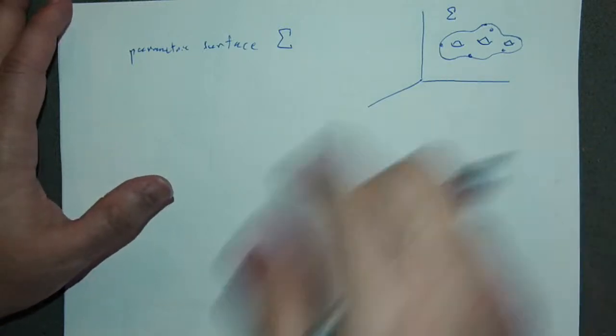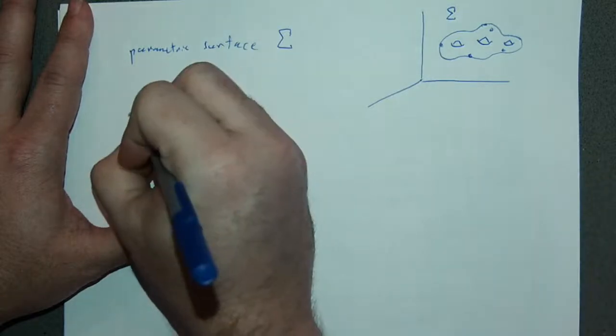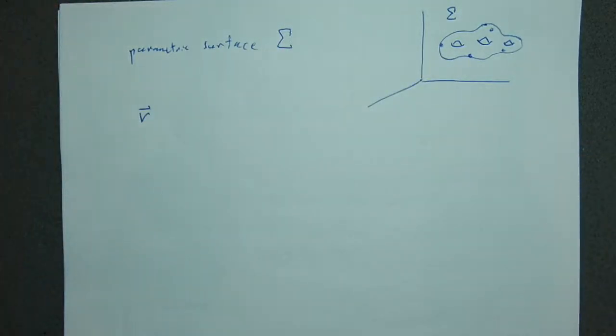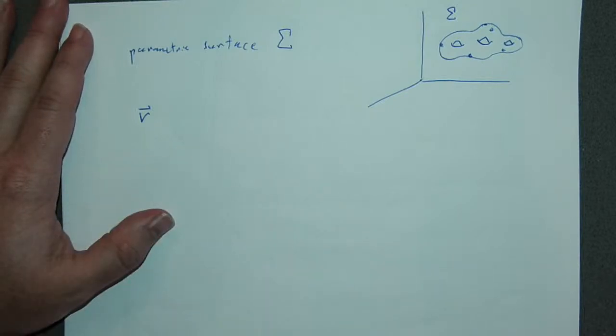The best way to describe them is as a vector-valued thing, but different than our normal vector-valued functions, which take in one parameter and spit out a vector, either in the plane or in space. This is a vector-valued quantity that takes in two parameters.